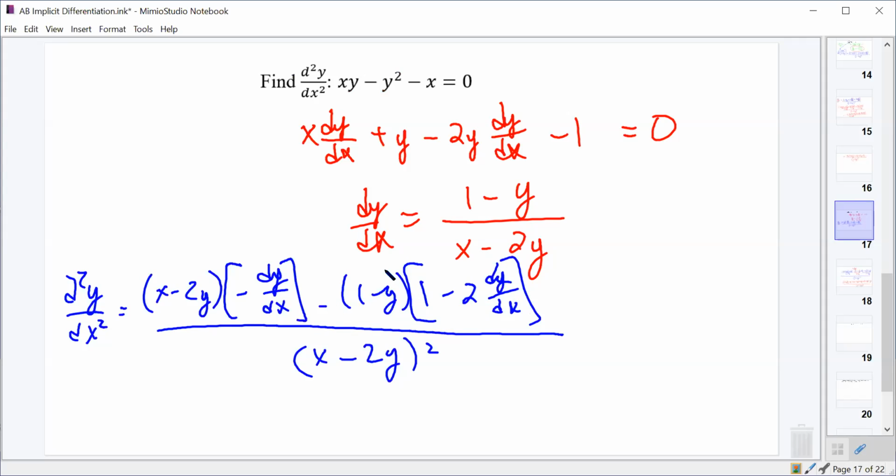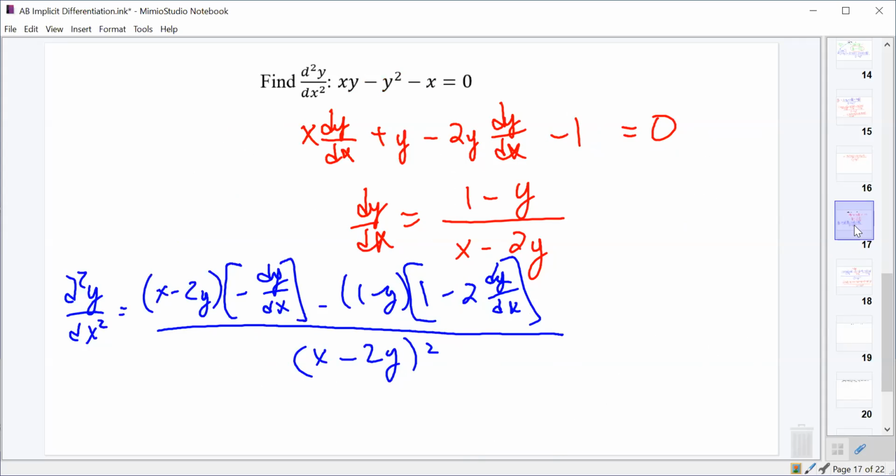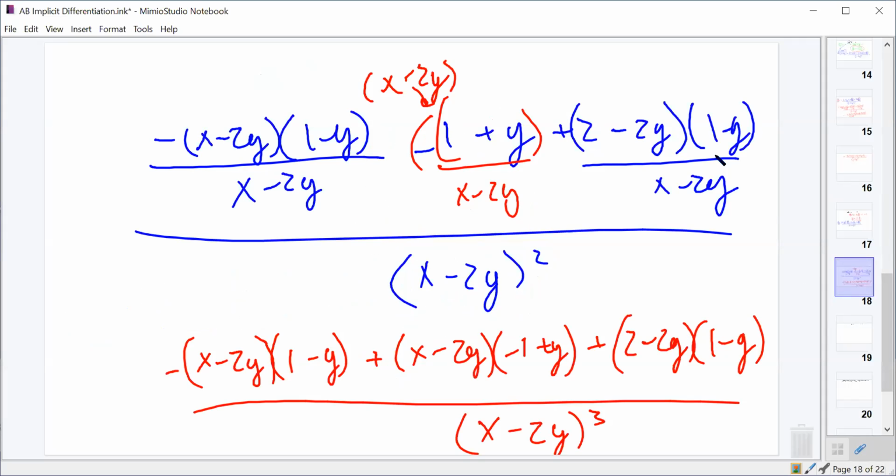So minus 1 times negative 2 would be plus 2 dy dx. So that's why I got a plus 2. And then the minus y is a plus y times the minus 2 gives us a minus 2y dy dx. So that's our minus 2y. And then the dy dx is the 1 minus y over x minus 2y that we threw in there.